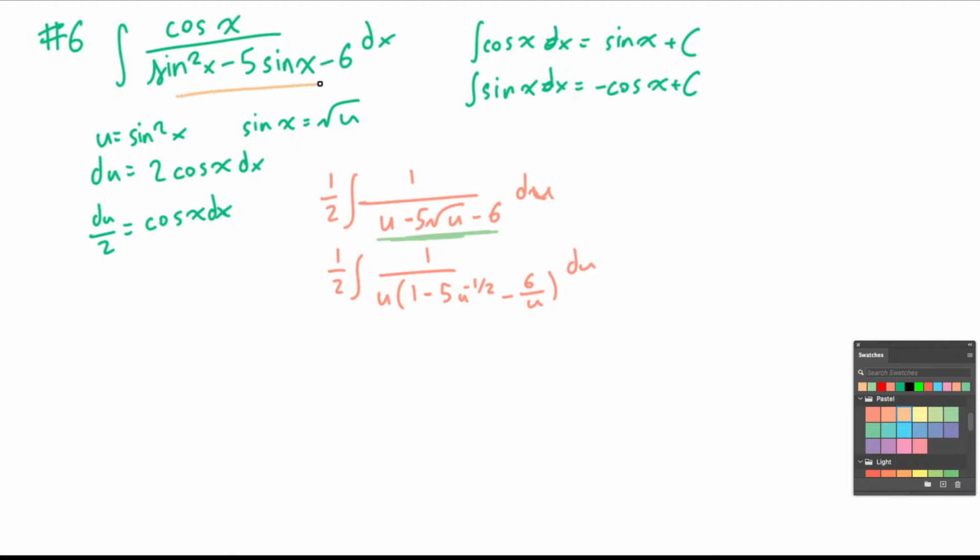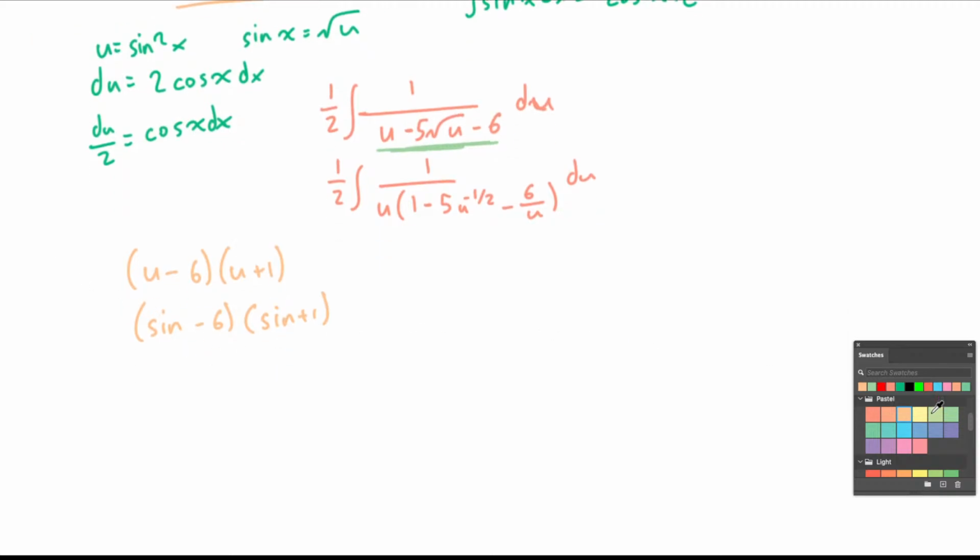Wait, this can be separated. U minus 5, 6 times u plus 1. So that would be sine minus 6 times sine plus 1. We distribute it.